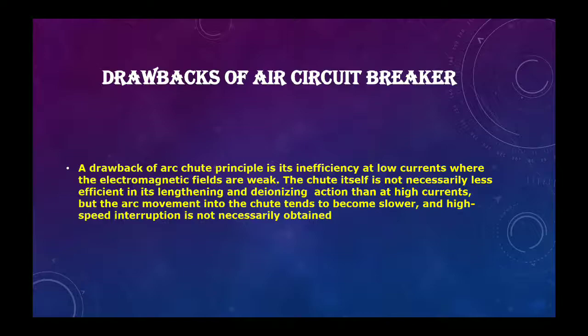The chute itself is not necessarily less efficient in its lengthening and deionization action than at high currents, but the arc movement into the chute tends to become slower due to the low current, and high speed interruption is not necessarily obtained. So that is a small drawback of the air circuit breaker.